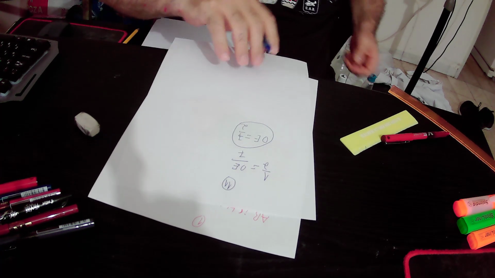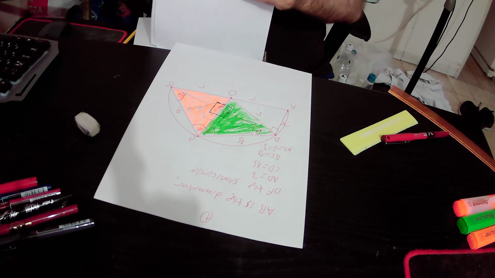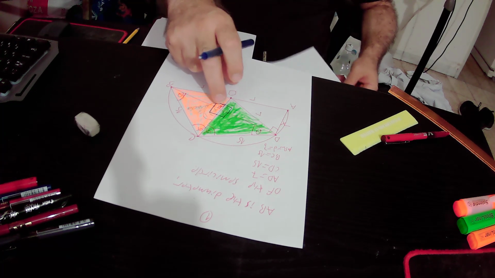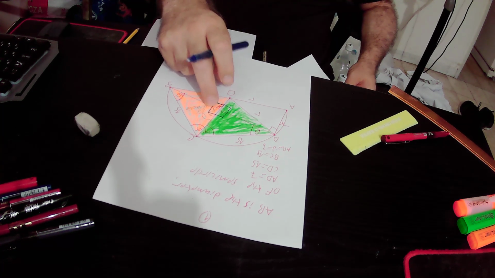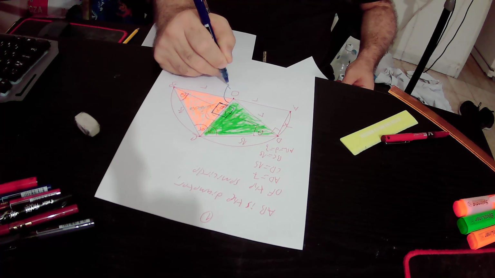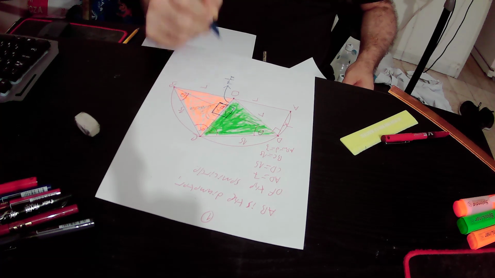We found out that this line segment OE equals 7 over 2 units. So I write it here. OE equals 7 over 2 units.